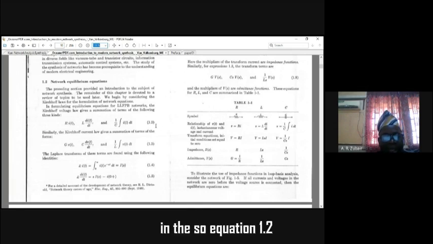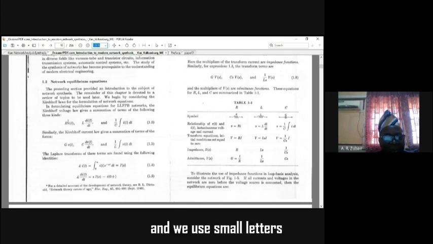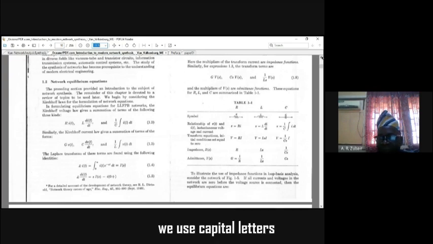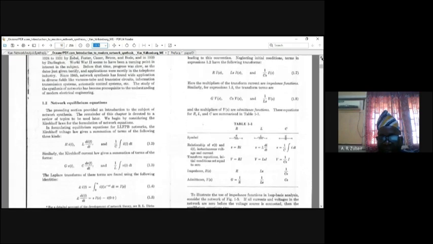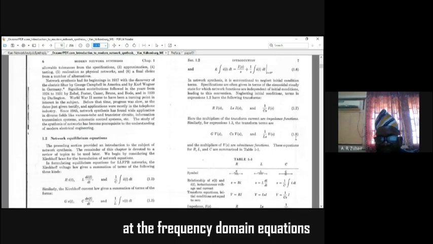Now, equations 1.2 and 1.3 are time domain equations, and we use small letters. But when we get to the frequency domain, we use capital letters. So equations 1.7 and 1.8 are the frequency domain equations.